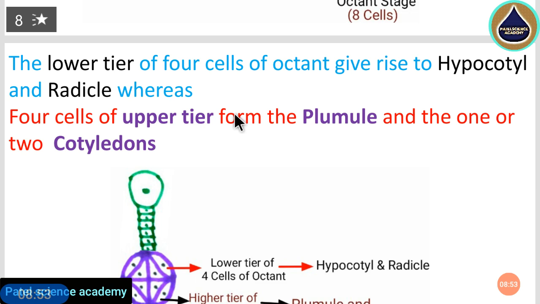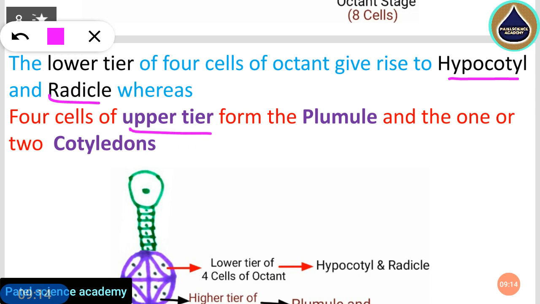The lower tier of this 8 cell octant gives rise to the hypocotyl and the radicle. So out of the 8 cells in the octant stage, the 4 lower tier cells go for the formation of the hypocotyl and the radicle, whereas the 4 cells of the upper tier form the plumule and the cotyledons.